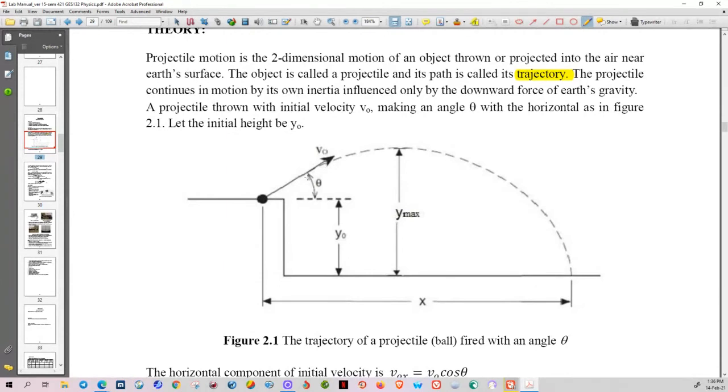When you throw the object at an angle theta, the initial speed or velocity is, of course, v naught, but the x component of the motion is actually v original cosine theta, this angle here, okay? And the y component is, of course, the effect of the gravity pulling down on the object. And you will see this clearly when we start the simulation, okay?